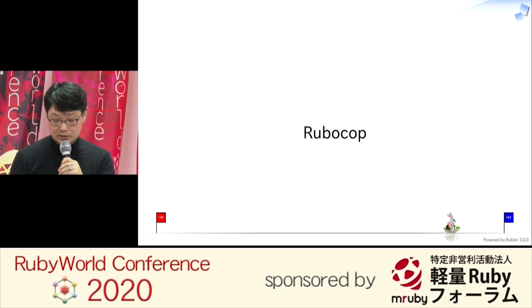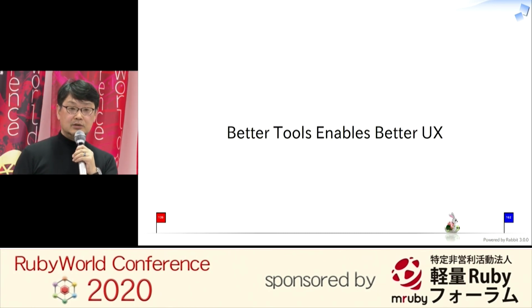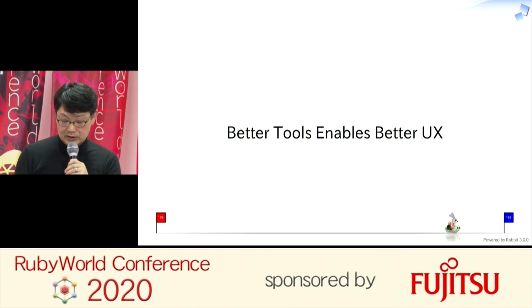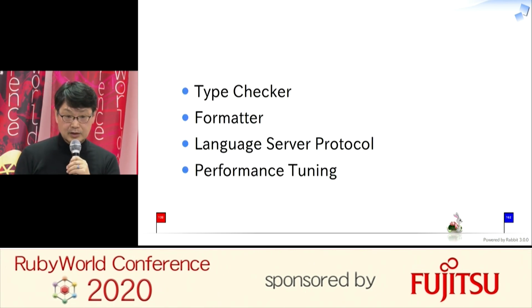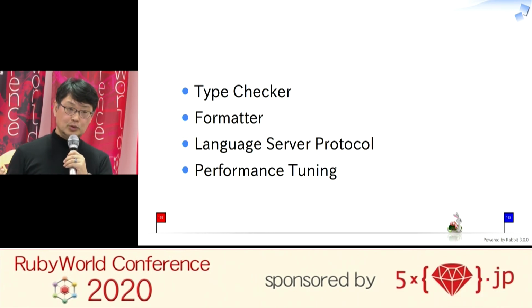There are tools available in Ruby, and these tools enable better utilization of Ruby. But we need more tools, like type checker, formatter, language server protocol, a better server, and performance tuning tools. There are many tools we need.